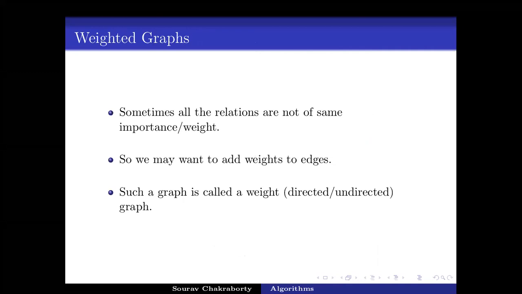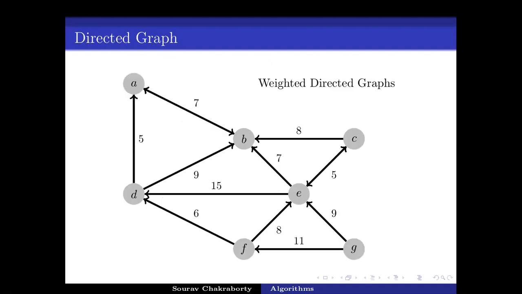As we have modeled these entities using vertices, we'll add edges and an associated weight according to their importance. And again, these weighted graphs can be both directed or undirected depending upon what the situation demands. So this is an example of a weighted directed graph.